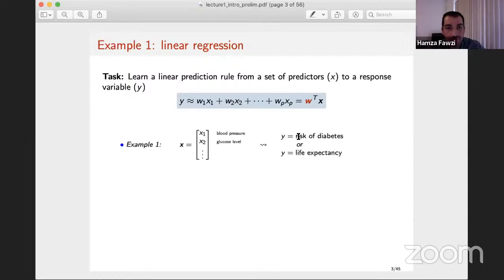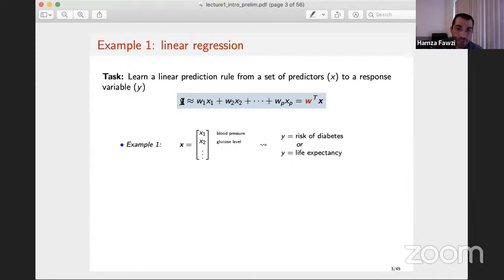and in statistics, we can say, which is the task of linear regression. The problem in linear regression is learning a certain linear prediction rule from a set of predictors X to a certain response variable Y. We have some predictor variables X1 up to XP, where P is the number of predictors, and we're trying to estimate a response variable Y as a linear combination of these predictor variables.